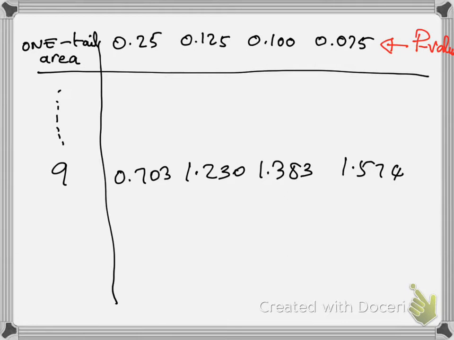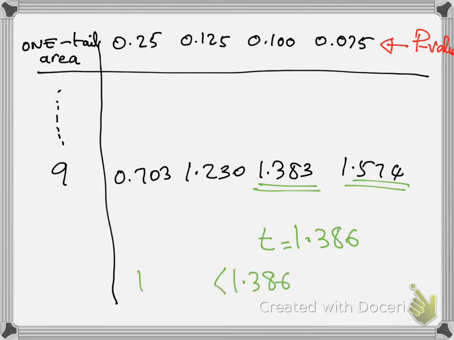So your t is equal to 1.386, right? So 1.386 is between these two values here. It's between 1.383 and 1.574, okay?